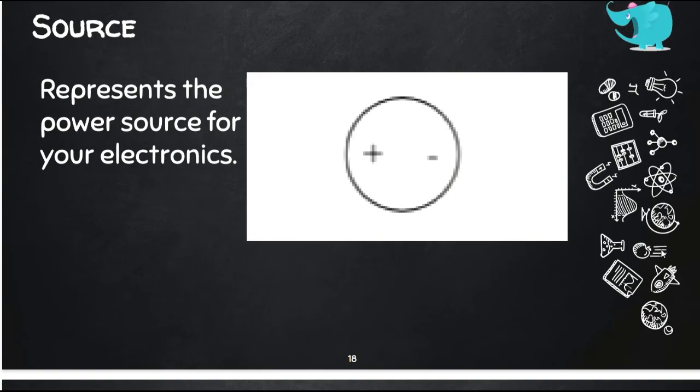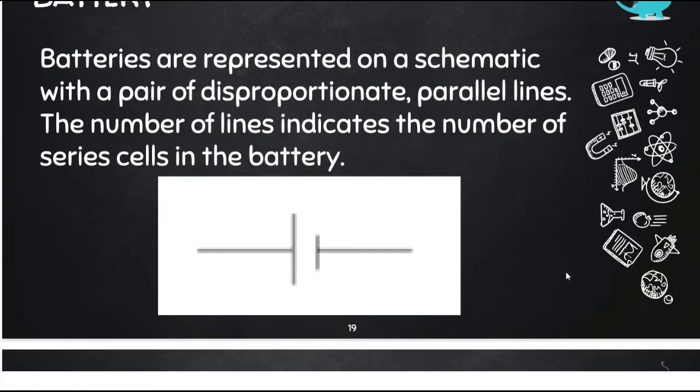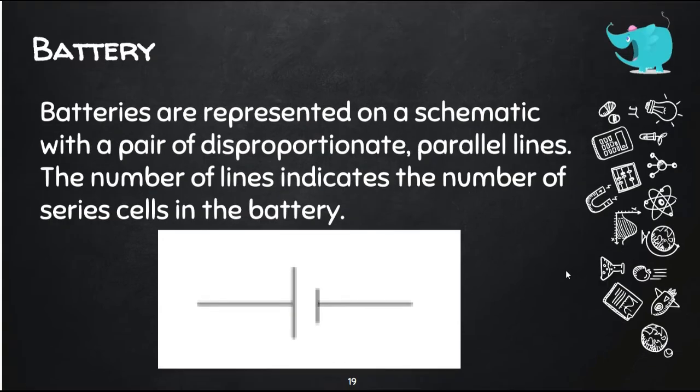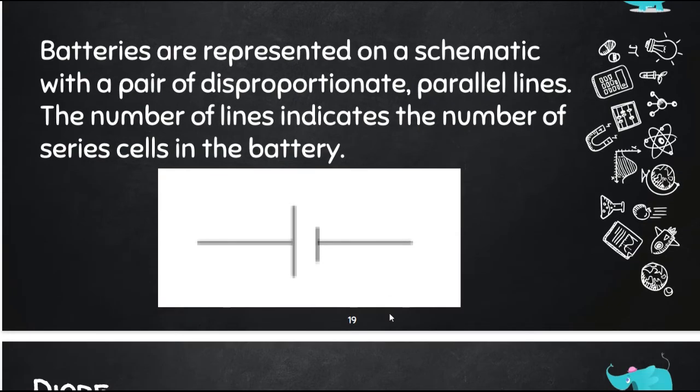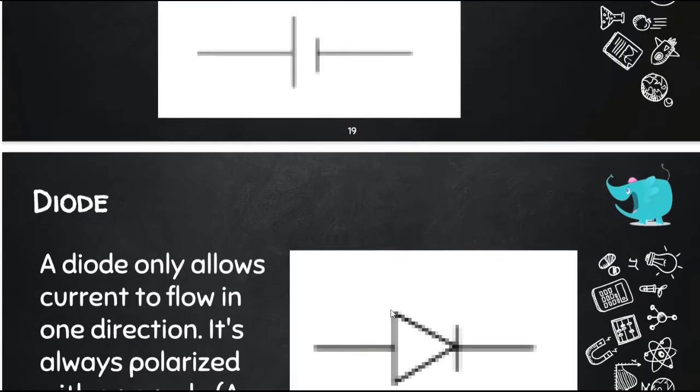Source. A source can be, in electronics, a direct power source or an AC source. Battery. A battery is represented on a schematic with a pair of disproportionate parallel lines. So this is a battery. Diode.